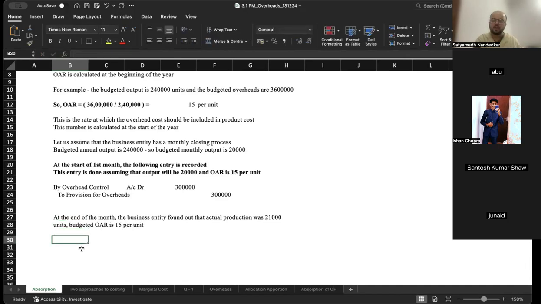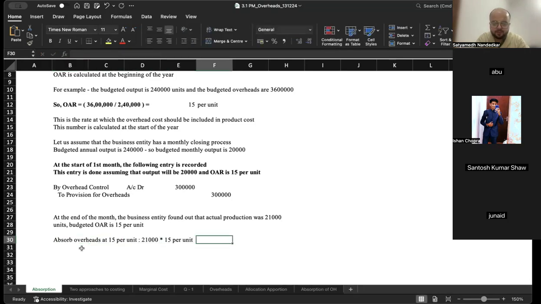Okay, now what the business entity wants to do is include the overhead cost in the product. So it wants to absorb overheads at 15 per unit, that is 21,000 units into 15 per unit.